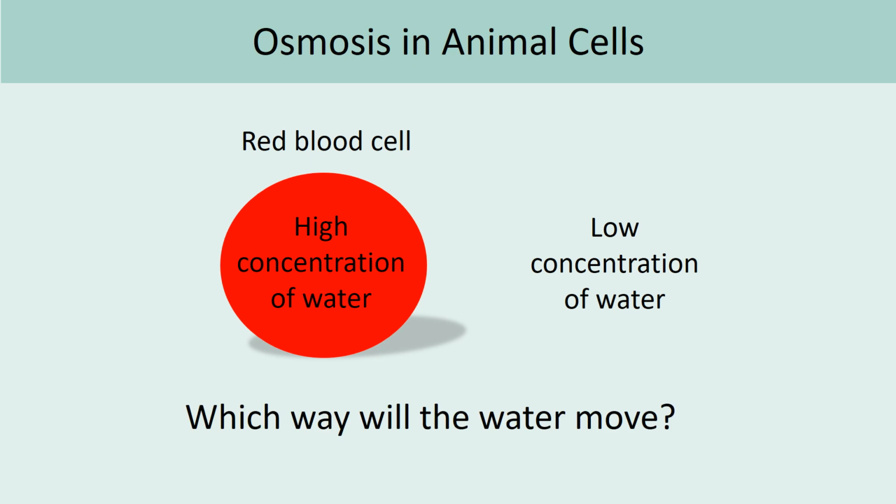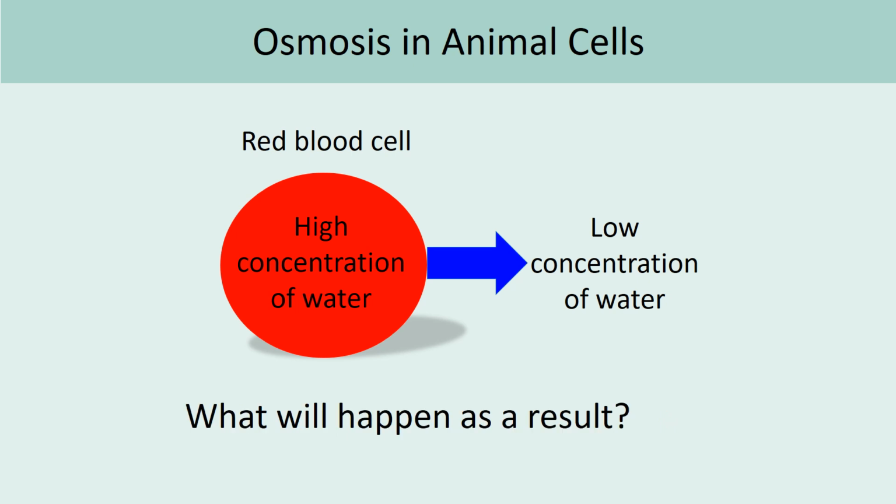Right, which way is the water going to move? Is it going to move into the cell or is it going to leave the cell? Hopefully we realise that the water is going to move from the cell into the solution because it's going from a high concentration of water to a low concentration of water in that hypertonic solution.